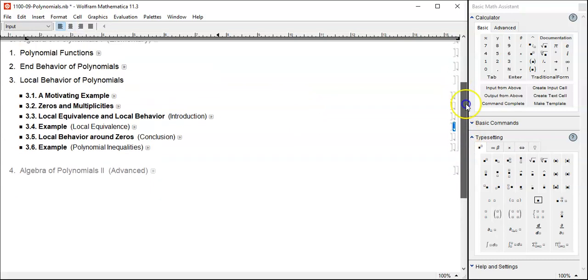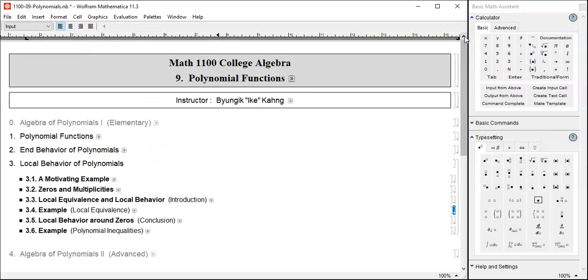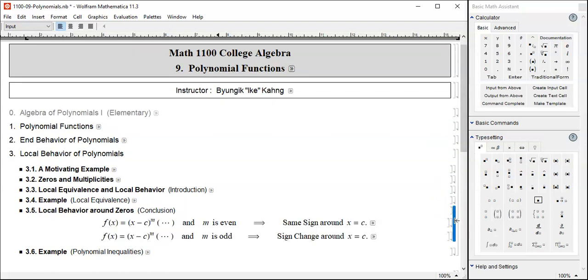Okay, now that we went through the local equivalence concept and some example problems, let's go to the conclusion. So here's a summary version. If you have even multiplicity, then we have to have the same sign around x equals c, the zero.